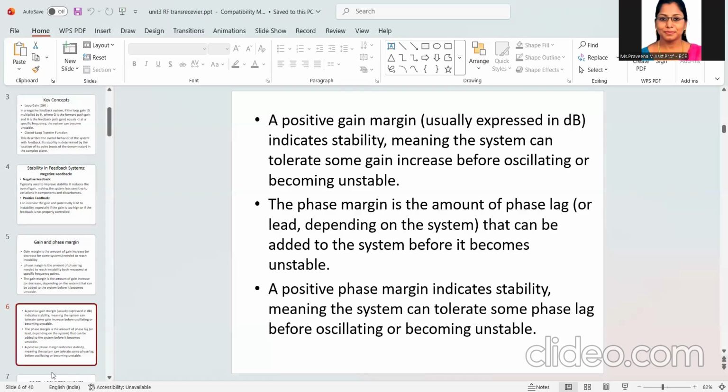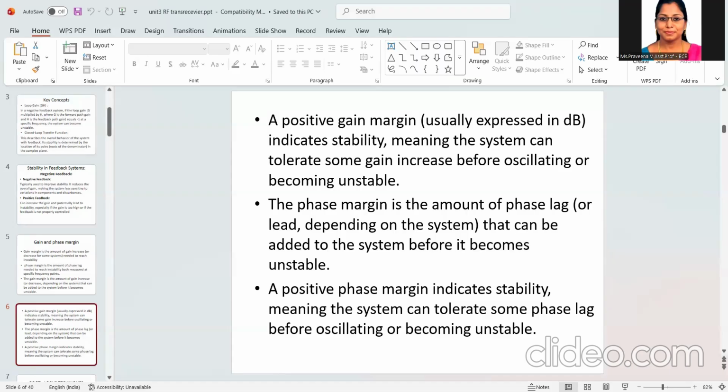And phase margin is the amount of additional phase lag that can be introduced before the system becomes unstable. Here, the phase margin is represented in degrees. Generally, gain is represented in decibels and phase in degrees. A positive phase margin indicates a stable system. A larger phase margin generally results in better stability and less oscillatory behavior.